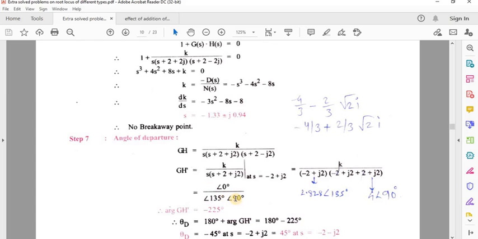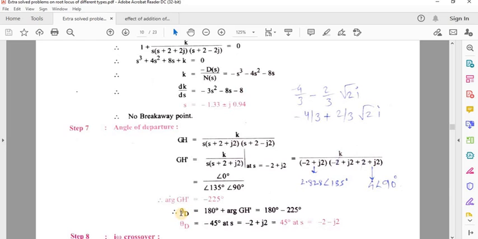This has angle 135, this has angle 90. Okay, then add this, 135 plus 90 will be 225. So whenever it goes to the numerator, it will become minus 225. So this is the argument of gh dash.